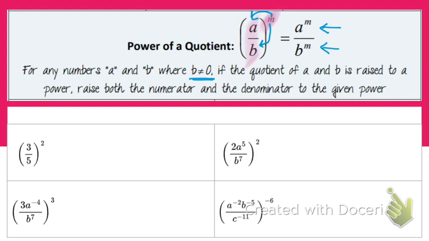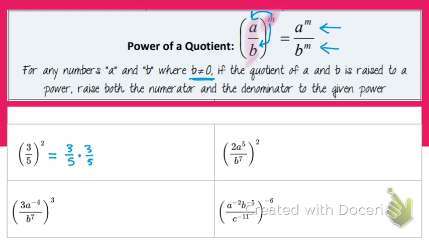And just as we've done in the past, we'll do this first problem a longer way, showing the work, and then we'll use the property as a shortcut moving forward. So if we start with this first one, let's try a longer way to make sense of this. Remember that squaring means to multiply something by itself. So this would be 3/5 times 3/5.